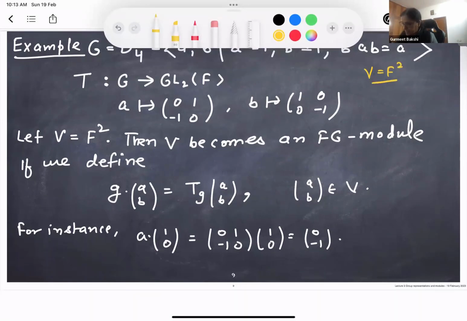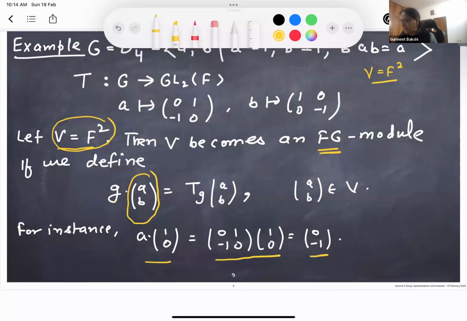And how does this become an FG module? G dot (A, B), I'm writing the elements of F2 as columns (A, B). This is an element of F2. So G dot (A, B) is, you have Tg, you apply this on (A, B). So basically you multiply this with this, and this is how you regard F2 as an FG module.